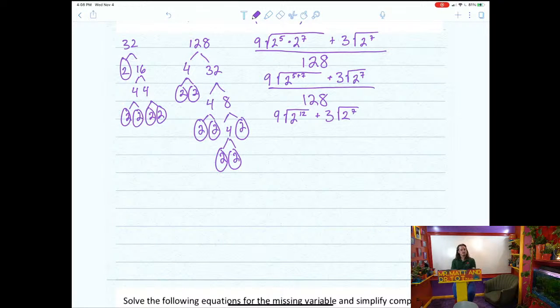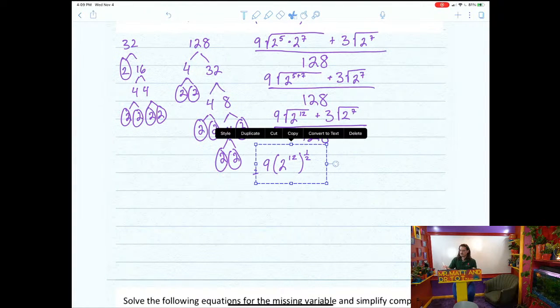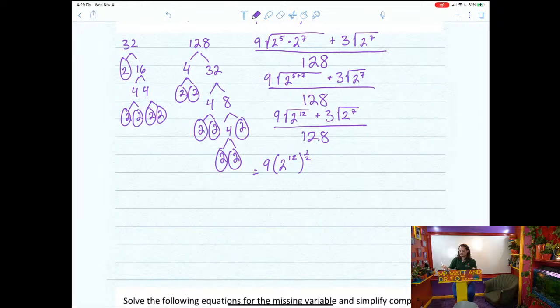Remember that the square root is the same thing as raising something to the 1/2 power. So I can actually simplify this further by 9 times 2 to the 12th, quantity raised to the 1/2 power. And let me move this down here actually. Plus 3 times 2 to the 2 times 2 times 2 times 2 times 2 times 2 power, all over 128.